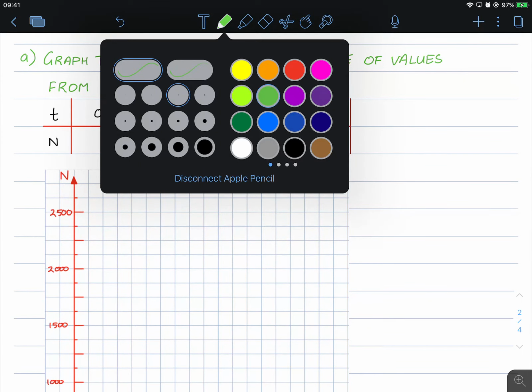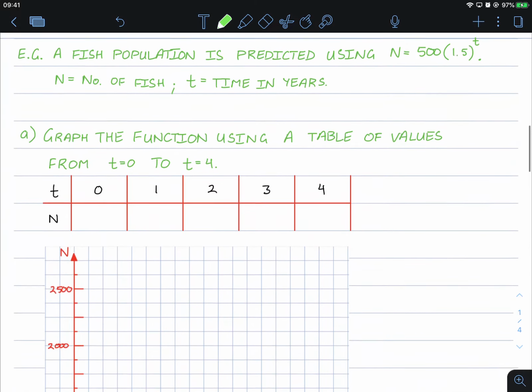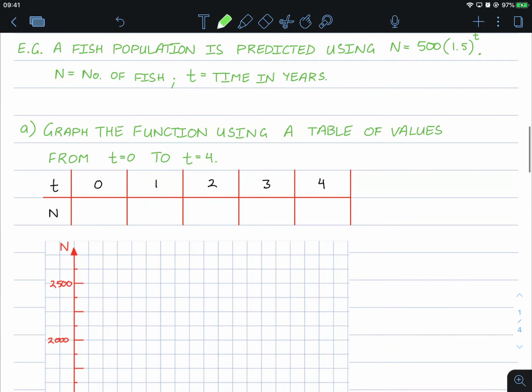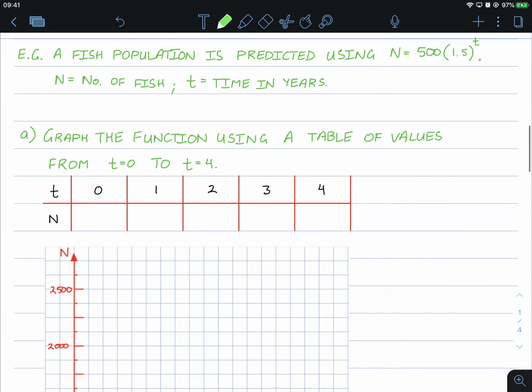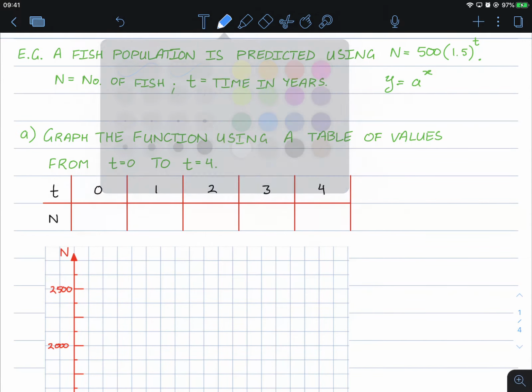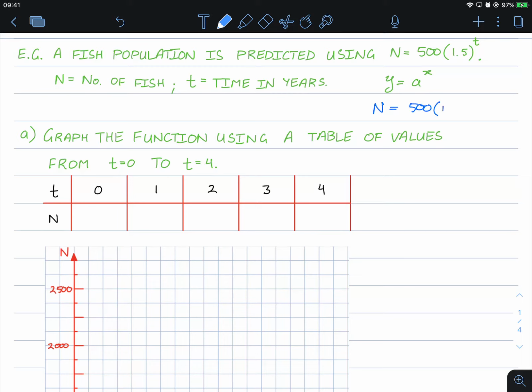First, in order to model what we're seeing, we need to understand what we are graphing. Before, it was y equals a to the power of x. Now, instead of y, we are saying it is n for the number of fish, 500 times 1.5, and that's our value of a, to the power of t.